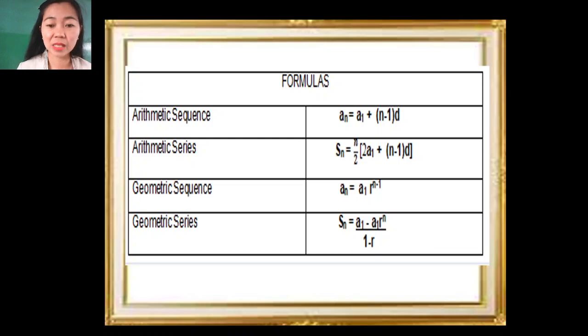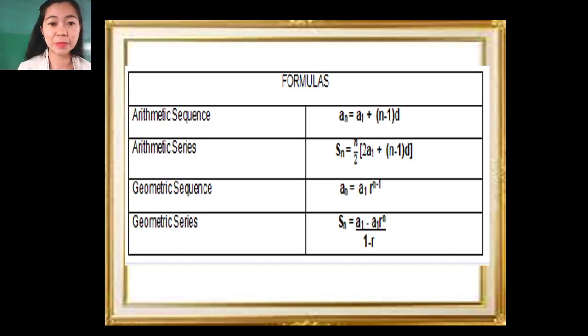For a geometric series, the formula will be S sub n is equal to a sub 1 minus a sub 1 times r raised to n all over 1 minus r. So these are the formulas that you are going to use to solve problems involving sequence and series: arithmetic sequence, geometric sequence, arithmetic series, and geometric series.